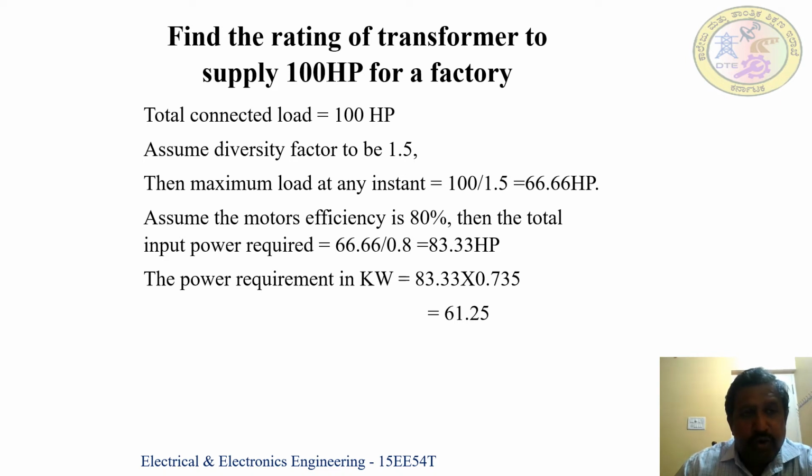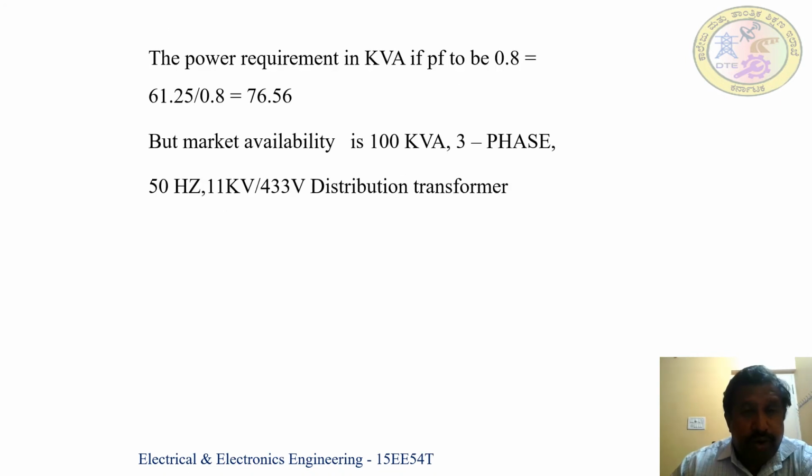61.25 in kilowatt. We have to consider the power requirement in KVA. So for that, we have to assume the power factor. The normal assumption of power factor is 0.8. So then the power requirement in KVA equals the motor input power in kilowatt divided by the power factor.